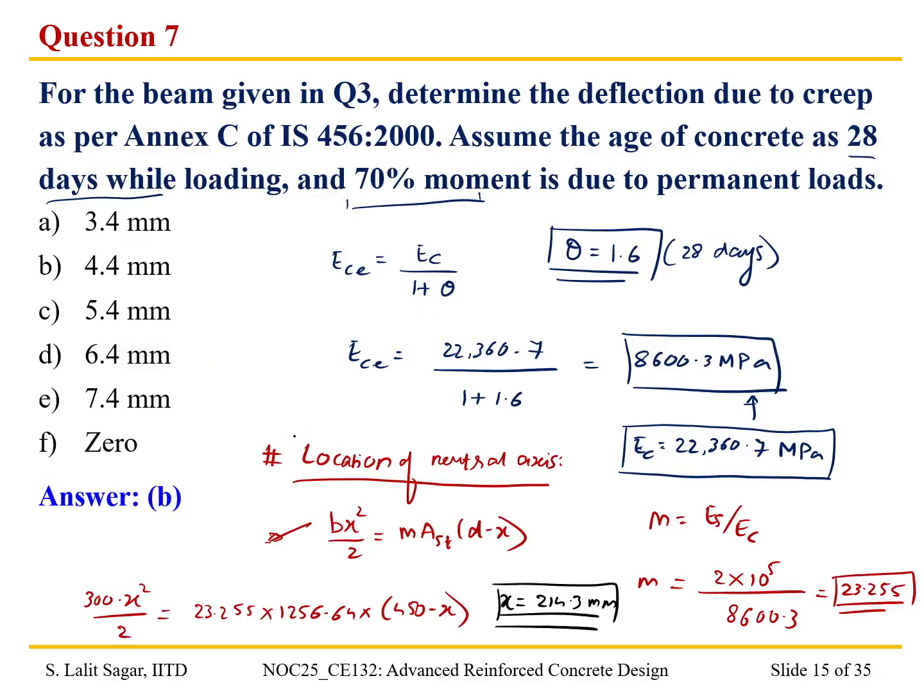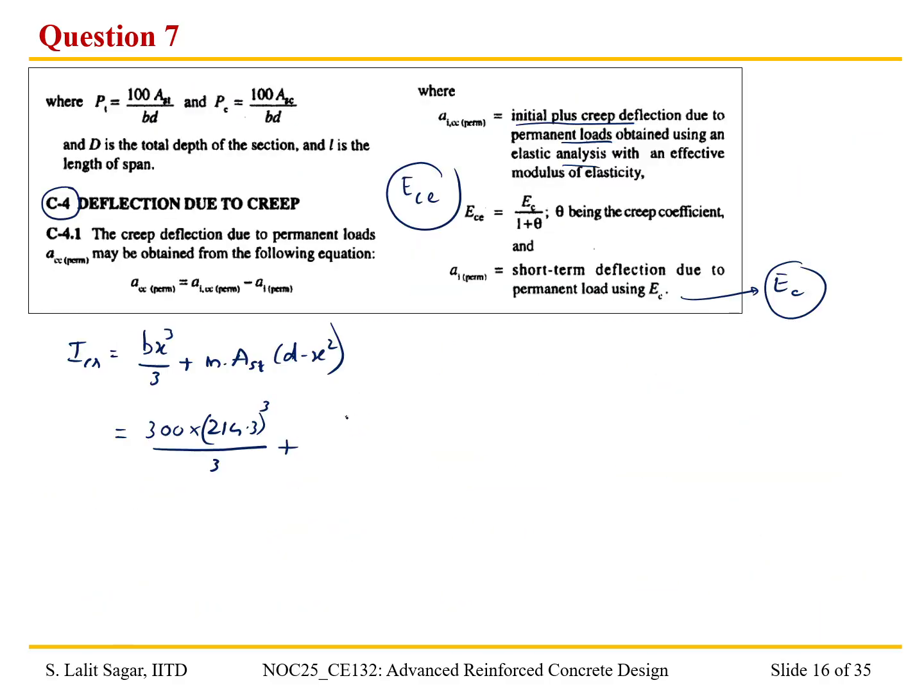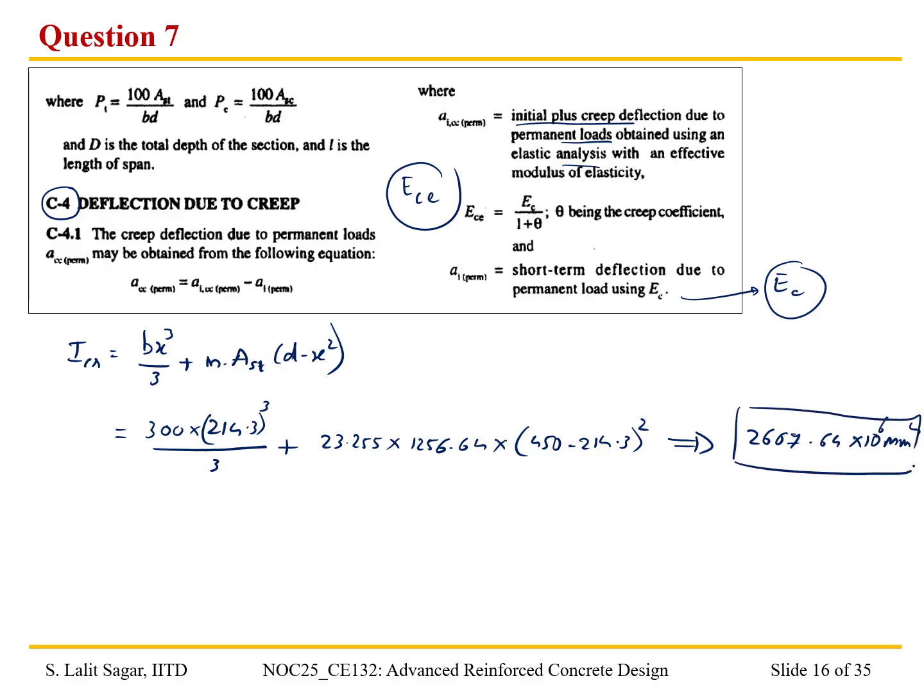Modular ratio is 23.255, right? 23.255 multiplied by AST, 1256.64 into D minus x whole square, that is 450 minus 214.3 whole square, which gives me the value of the crack modulus as 2607.64 into 10 to the power 6 millimeter power 4. Okay, so this is the value of the crack moment of inertia.